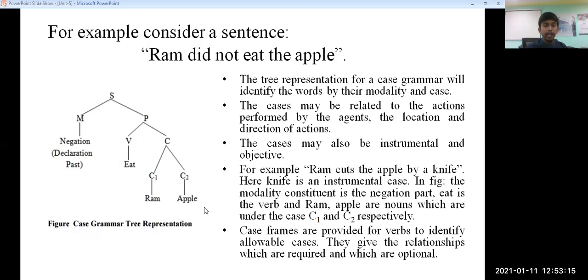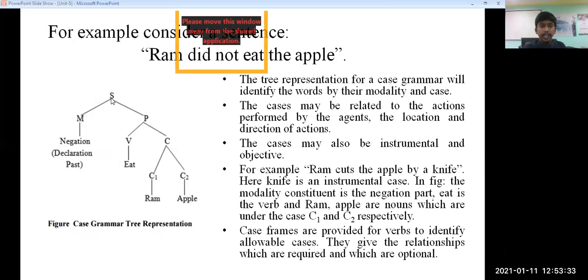For this, I'm taking a small statement: Ram did not eat the apple. Here I'm talking about one person called Ram, who did not eat the apple. This sentence is classified into subparts.